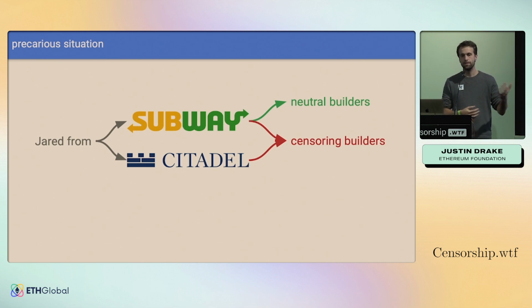And so there are these few searchers out there or OFA providers whereby if they suddenly decide, hey, we don't want to give our order flow or bundle flow to neutral builders, well, we're going to see an eradication of neutral builders. And it just takes one of these meaningful searchers to do so.